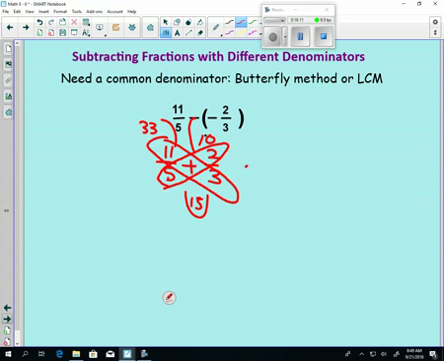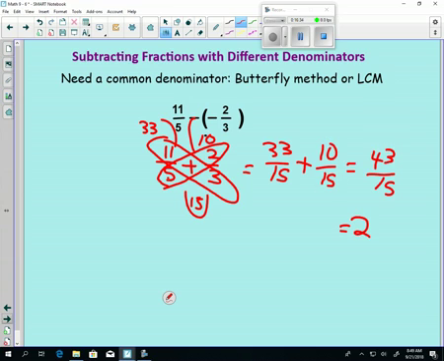So that's going to be 33 over 15 plus 10 over 15. And if we add the 2, we get 43 over 15. If we divide that, we're going to get 2, and 2 times 15 is equal to 30.